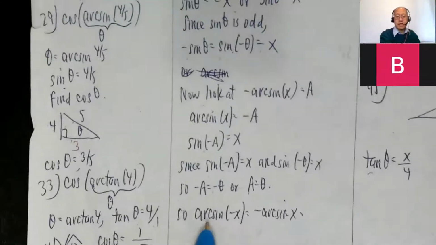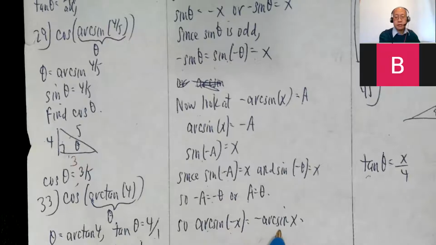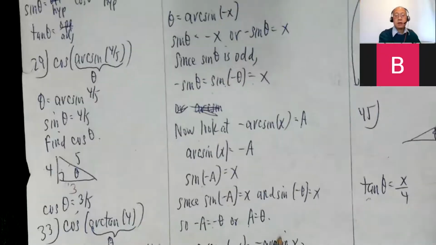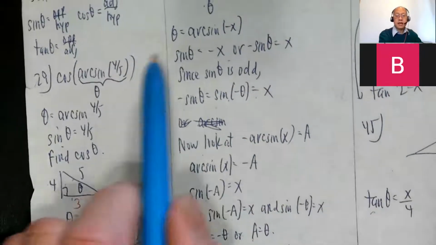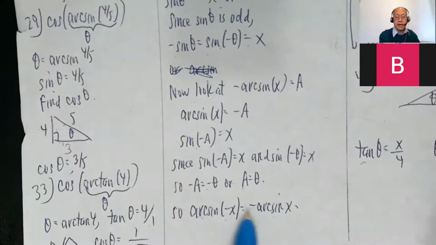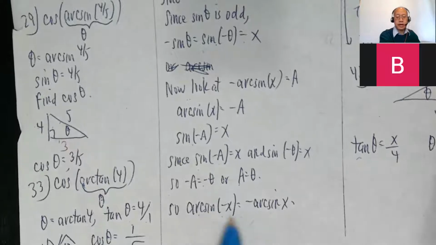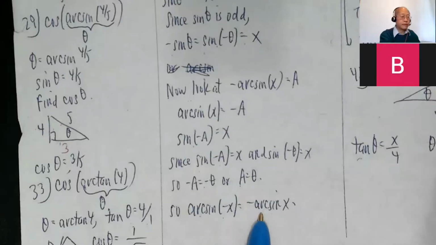So arc sine of negative x is the same as negative the arc sine of x. Theta is arc sine of negative x, and this is A, and they have to be equal to each other. That shows arc sine of negative x is the same as negative arc sine of x.